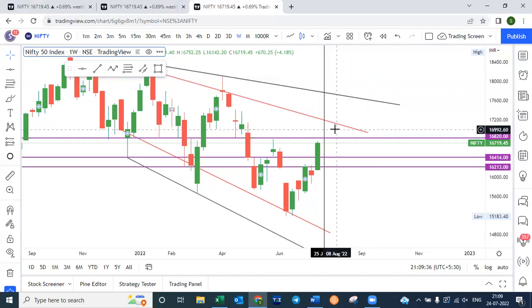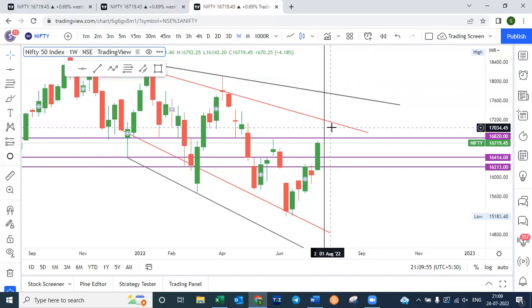Or if the market opens gap up and sustains above 16,830, 16,840 for 2 hours, then you can assume that yes, the market is going to form a green candle.